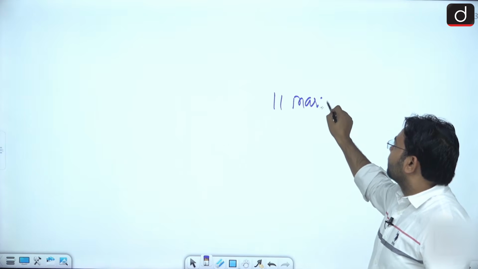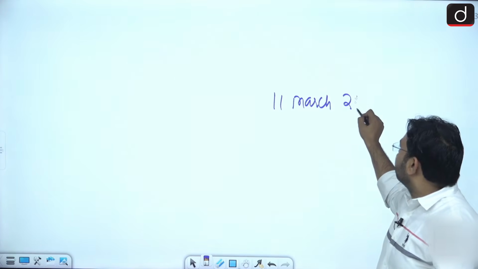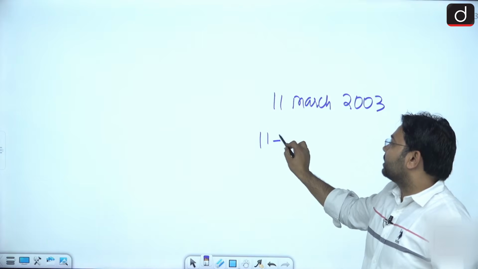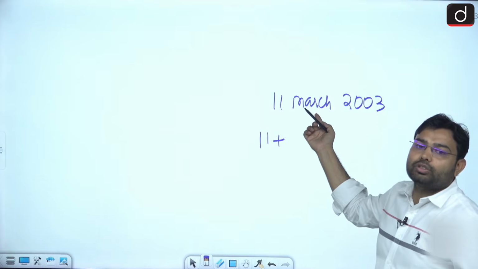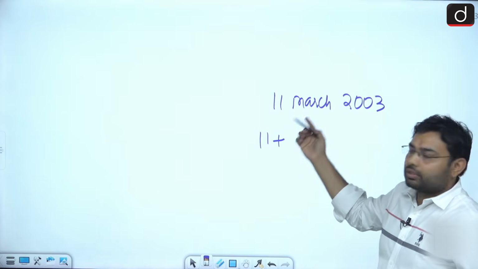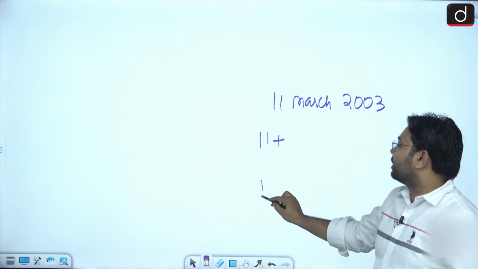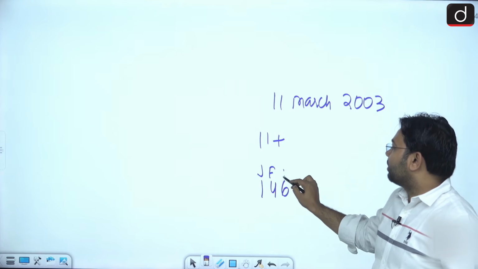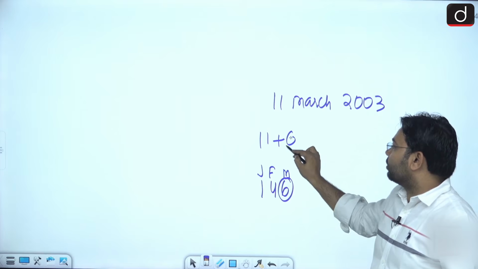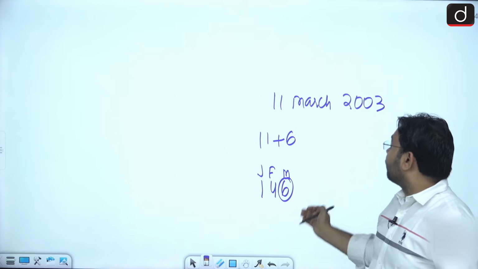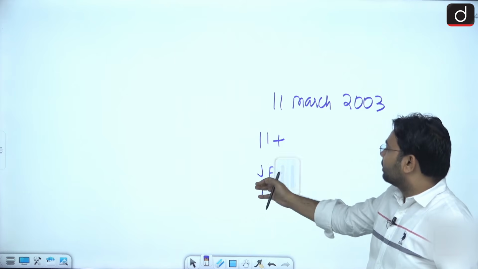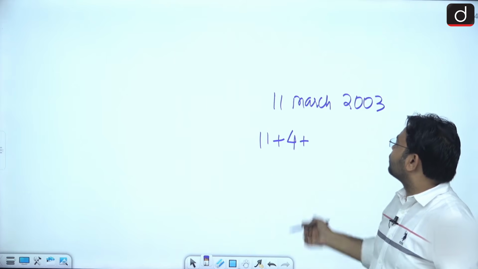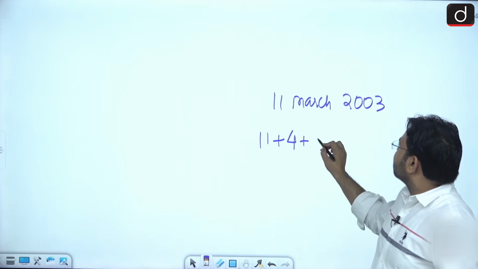March 2003. 11 is date. Month code is March. Jan, Feb, March, so 6 is the code. Then century 6.